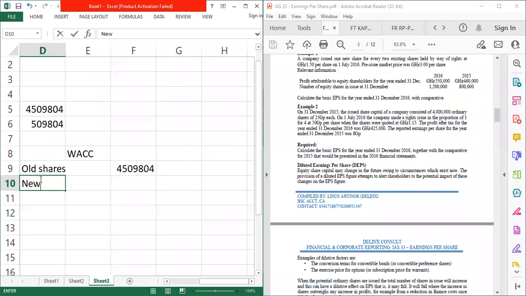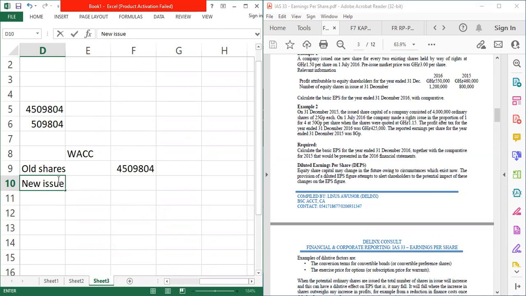But the new issue now, what is the right issue amount? It will be 1 divided by 4 times 4 million, which gives us 1 million, isn't it? Out of that, 509,804 is the bonus issue.